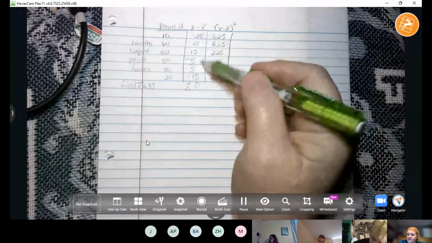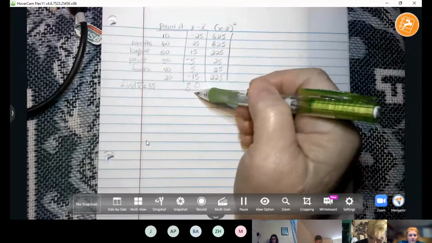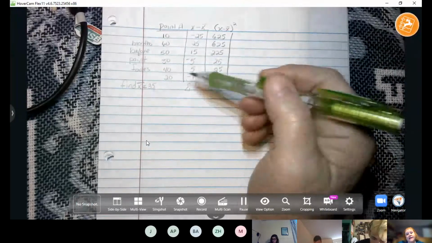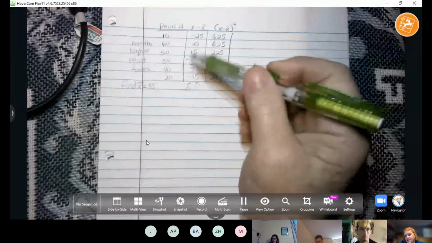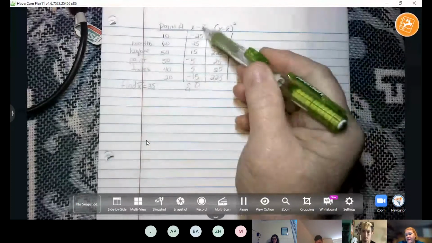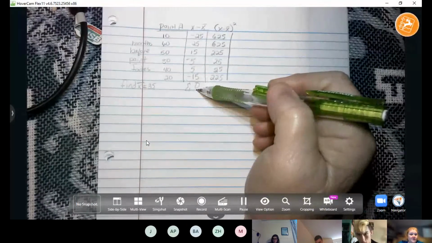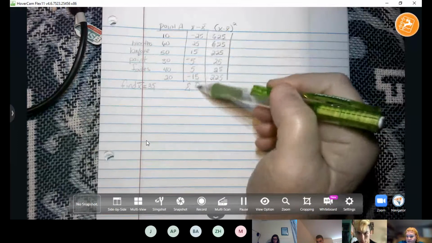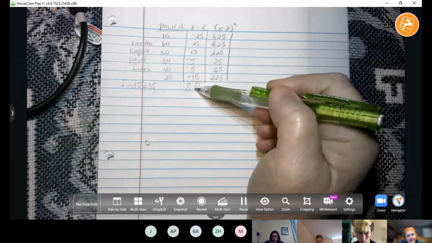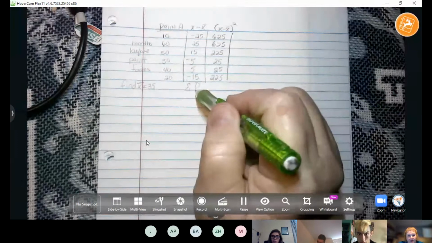Every time you do this difference, you'll always get 0 for that sum. That's kind of like a check that you can do. If you don't get 0 when you do that difference, you've done something incorrect when you've done your differences. You should always get 0 when you do that difference in that column.